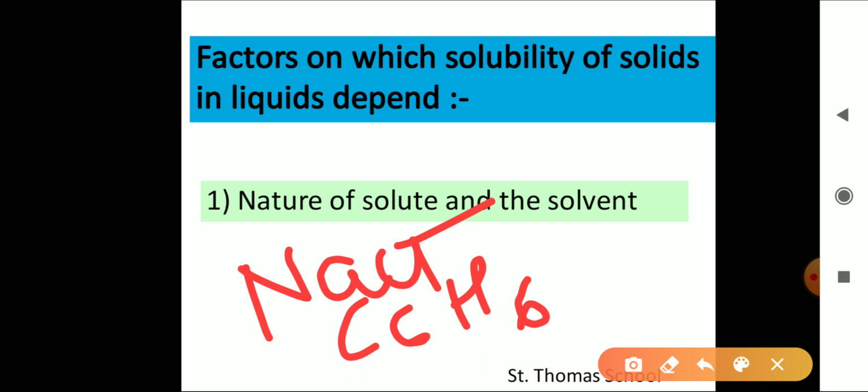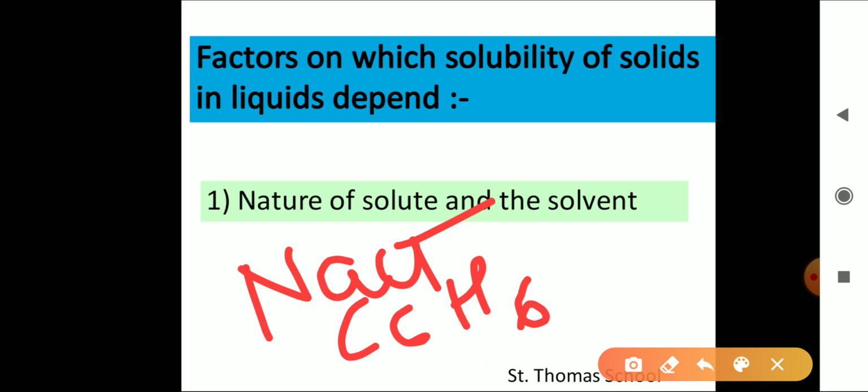Whereas non-polar or organic solutes are going to be soluble in organic solvents, that is CCl4, benzene, CS2, ether, etc. All polar solutes are soluble in water, but all non-polar solutes are soluble only in organic solvents, that is CCl4, benzene, CS2 and ether, etc.